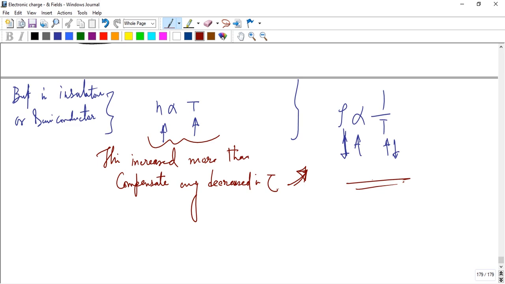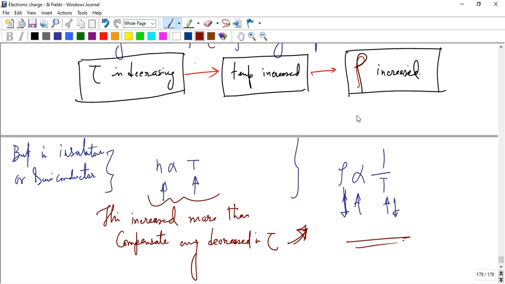If R is decreasing, current is increasing. That's the basic concept of resistivity. I think the concept is clear: what resistivity is, its dependence on temperature, and how resistivity is related to resistance.